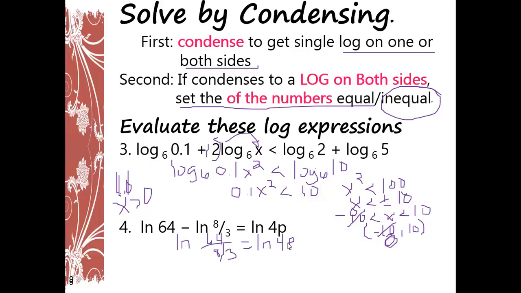So that means 64 divided by 8/3 is the same as 64 times 3 over 8. And that's going to have to equal 4p. And that means that 24 equals 4p, and p is equal to 6.